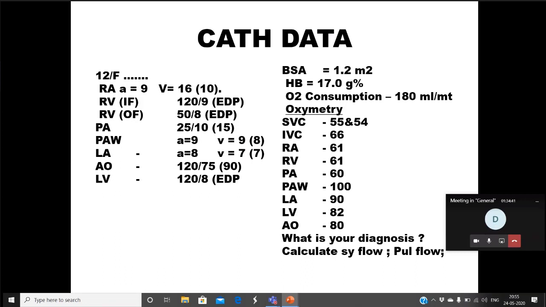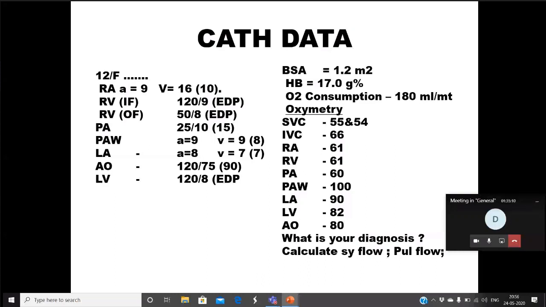You can say that the systolic pressure is equal in RV, aorta, and left ventricle. And on top of that, you are getting a gradient across RV inflow and outflow, and from RV outflow to pulmonary artery. These features make you suspect that the patient may be having DCRV.